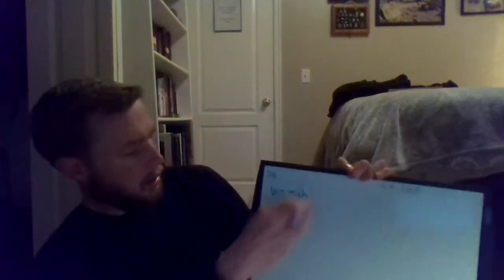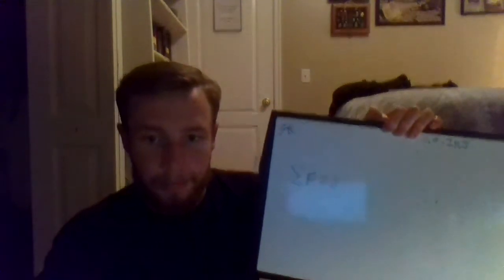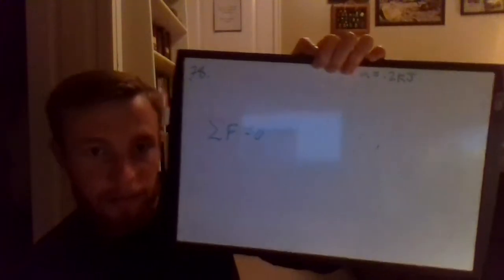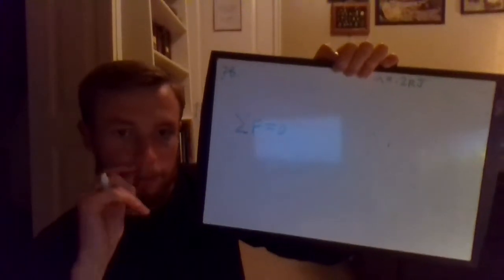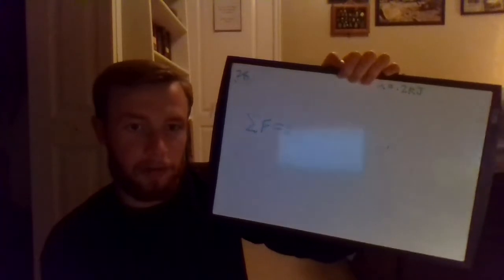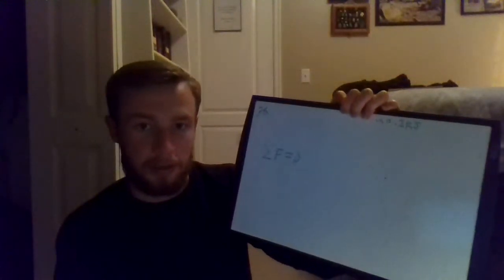So the net force is 0. The net force in the direction along the slope is 0, and it is moving with a constant speed.